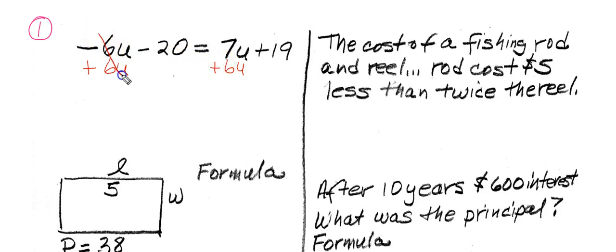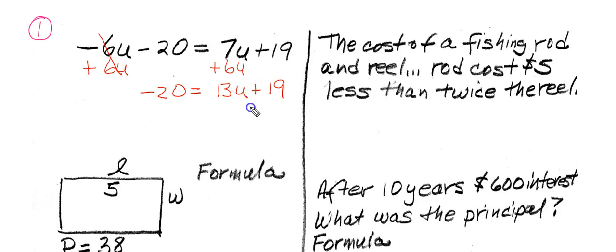So here, this cancels out. I'm left with a negative 20 on this side. This is now 13u, and I bring this down. Now, again, I want to get rid of the number that's on this side, the 19.